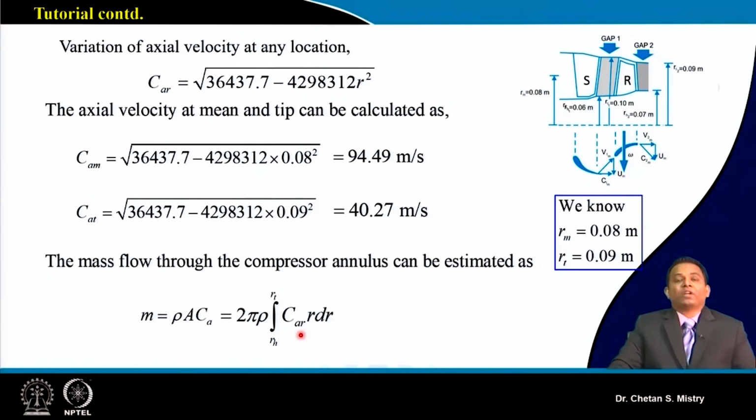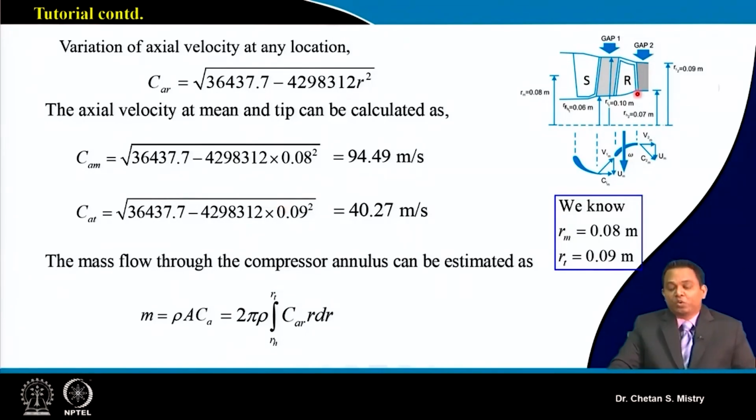So be careful, do not straightaway put this as pi by 4 times d tip square minus d hub square. Be careful, because here we do not have any information on how my axial velocity is varying. Once we have calculated, we realize our axial velocity is varying with the radius.